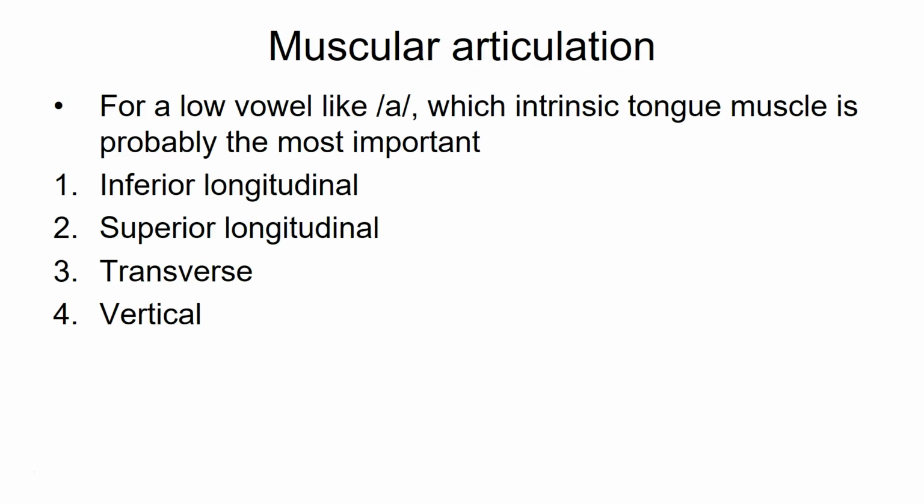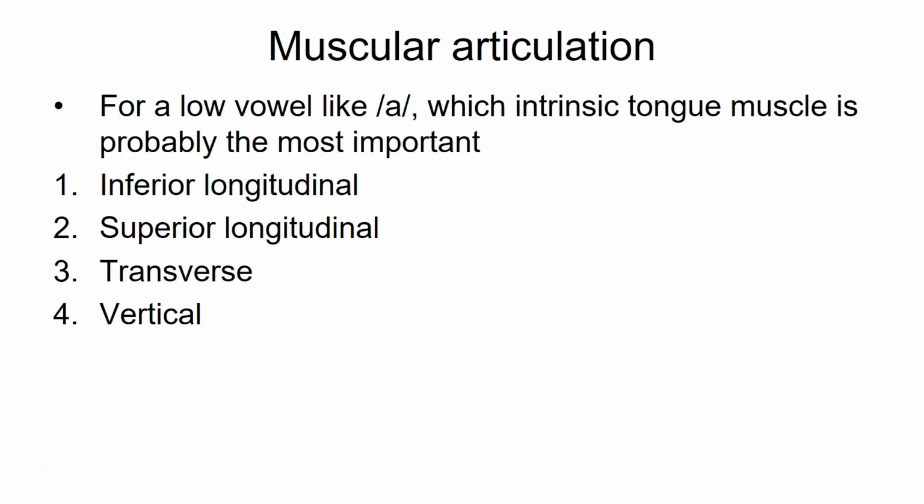If we start to think about how these tongue muscles can be used in articulations for speech, we have some extreme cases, like a low vowel like ah, where the goal is to open the mouth up as much as possible, flatten the tongue out as much as possible to create as much room in the oral cavity as possible. The muscle that's going to do that for us the most is going to be the vertical muscle fibers, pulling down on the upper surface of the tongue, flattening the tongue out.